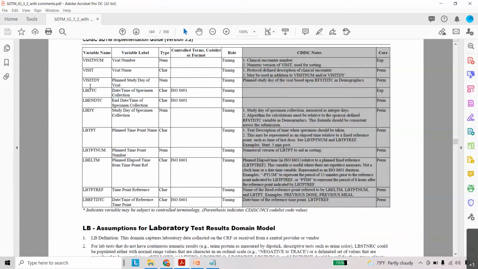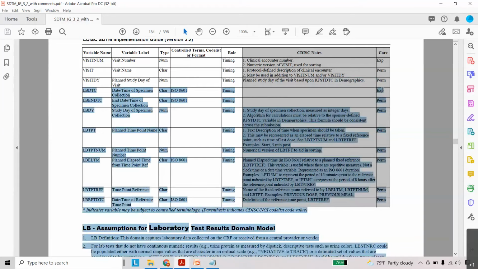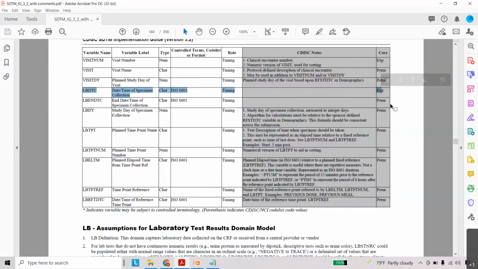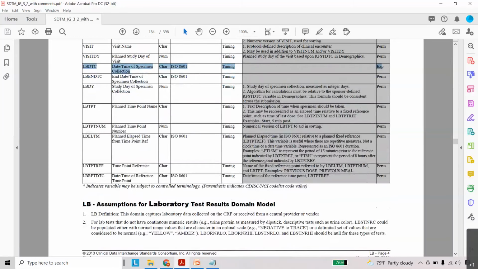It is not from a start to an end, except in very rare cases. LBDTC is an expected variable and LBENDTC is a permissible variable. Study day of specimen collection is LBDY. It is also calculated from RFSTDTC.